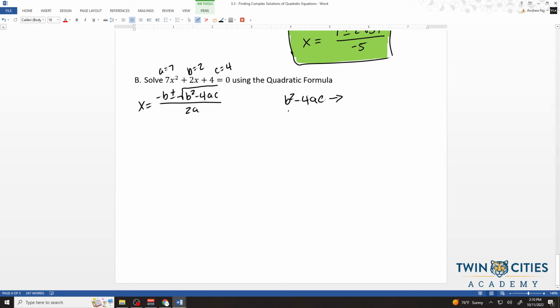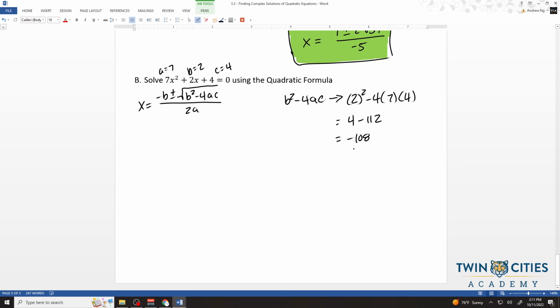So this will give me 2 squared minus 4 times A is 7 and C is 4. 2 squared is 4 minus 4 times 7 is going to give me 28, and then times another 4 is going to be 112. 4 minus 112 is negative 108.